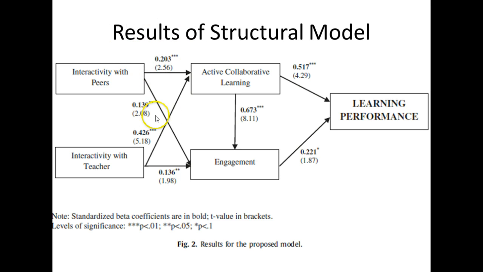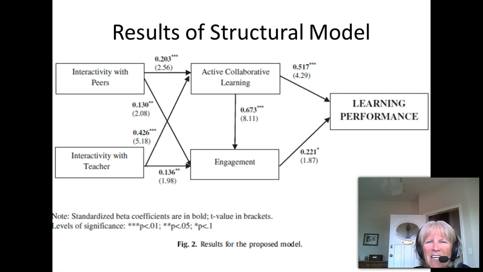And then the number of asterisks next to the beta values tell us whether the value is statistically significant. So the more asterisks there are, as long as it's 2 or higher, would suggest that it's not just based on chance, that there's a real relationship between the two variables that we can extract from the statistical analysis.